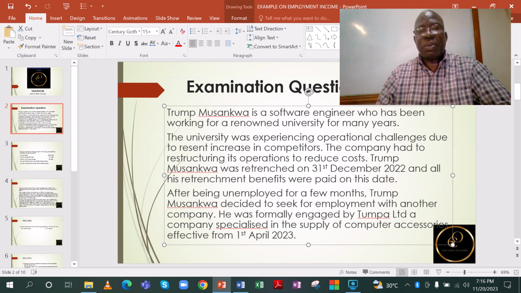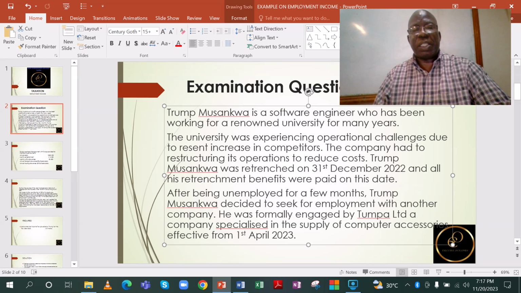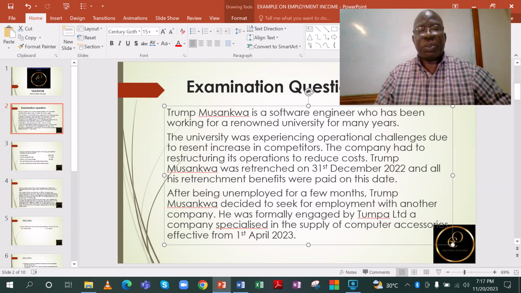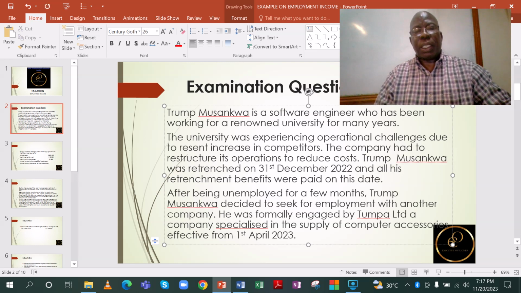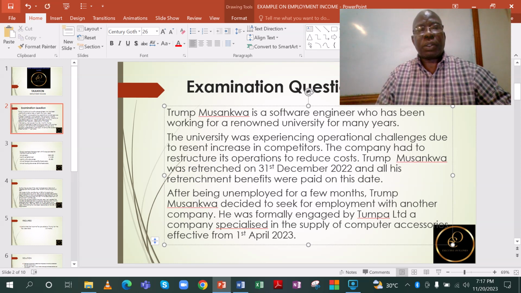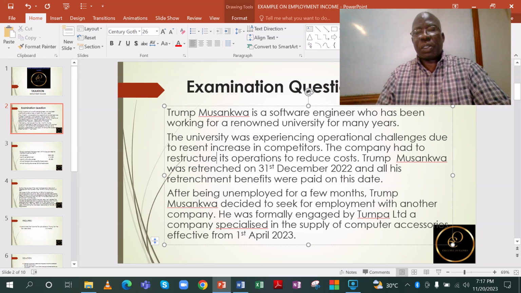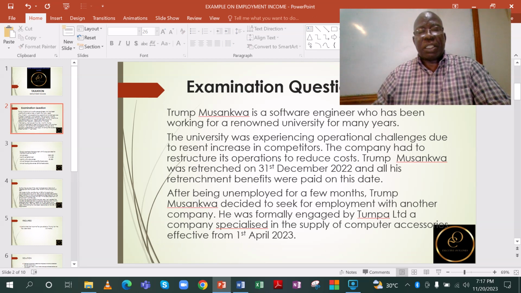The university was experiencing operational challenges due to recent increase in competitors. The company had to restructure its operations to reduce costs. Trump Musankwa was retrenched on 31st December 2022, and all his retrenchment benefits were paid on this date.